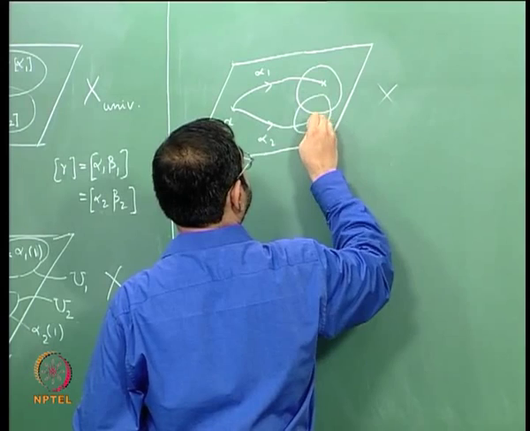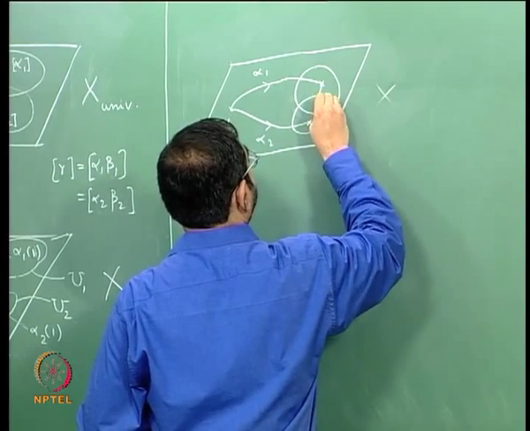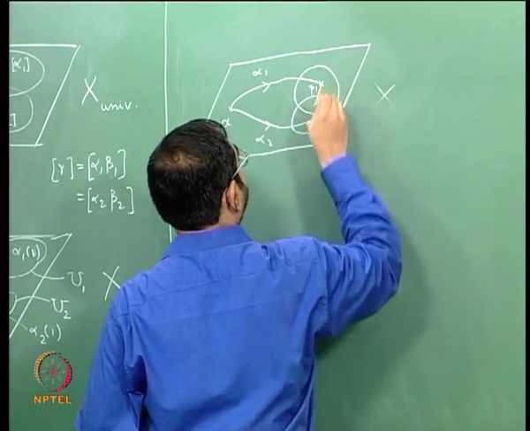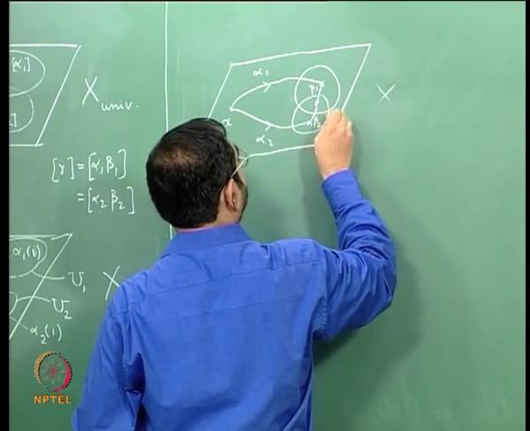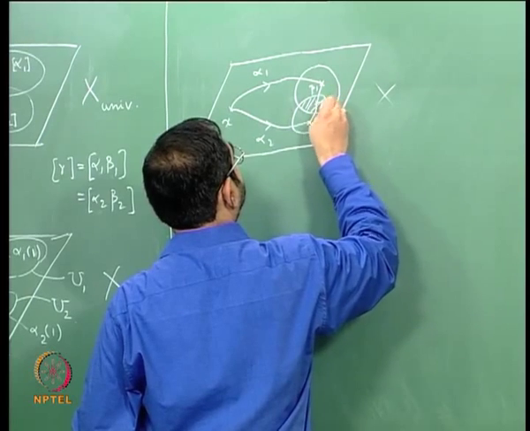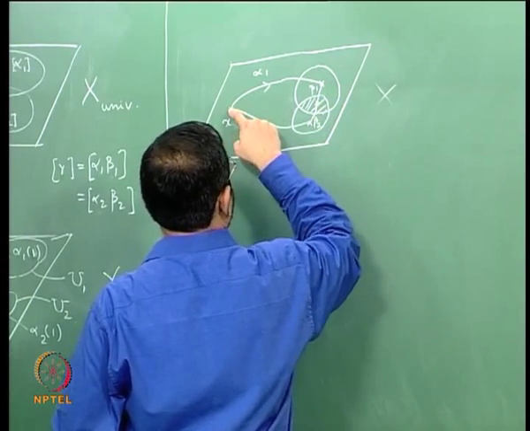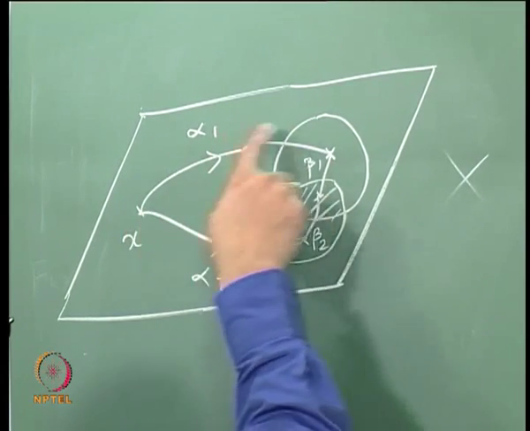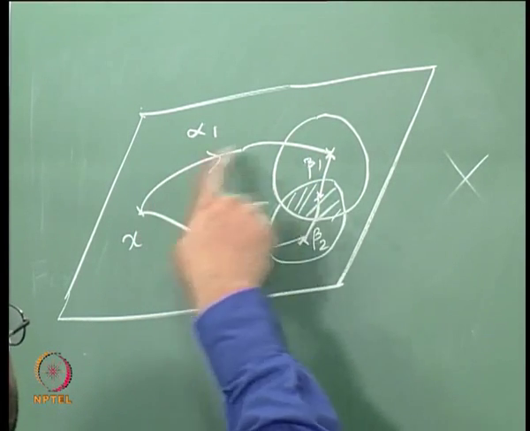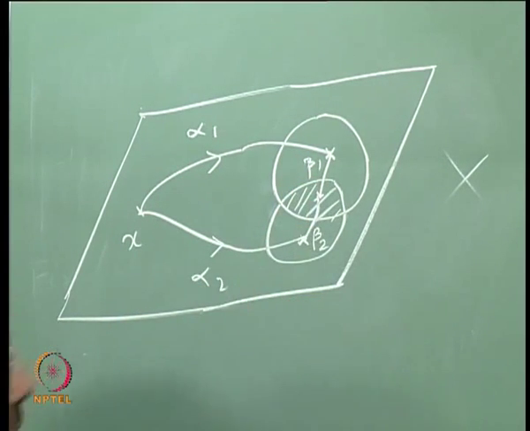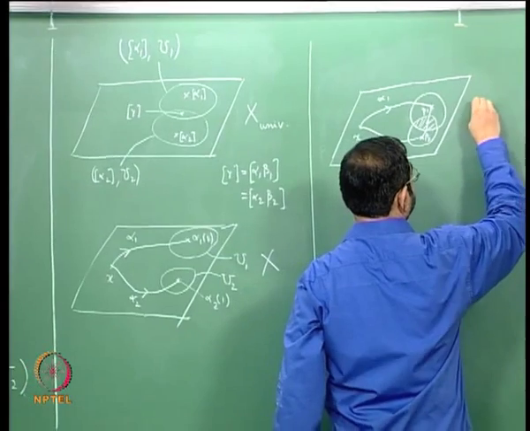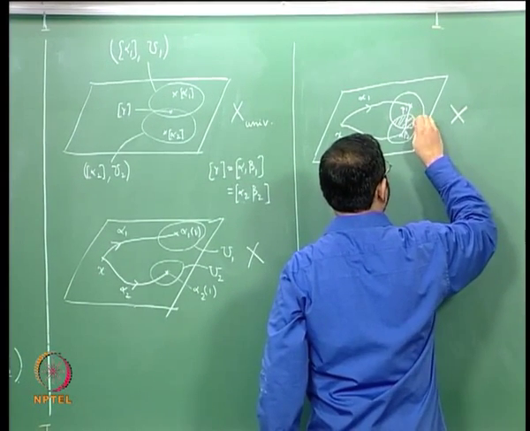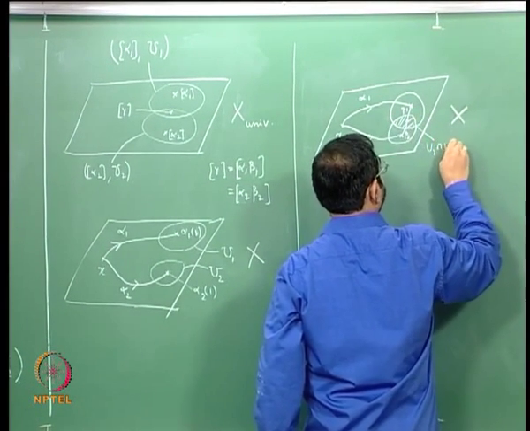So this is alpha 1, this is alpha 2, and say this is beta 1 and this one is beta 2, and this is u1 intersection u2, and if you want you can call gamma to be either alpha 1 followed by beta 1 or alpha 2 followed by beta 2 or anything homotopic to that, and take the equivalence class, okay. So this is x of course, and this is u1 intersection u2, okay.